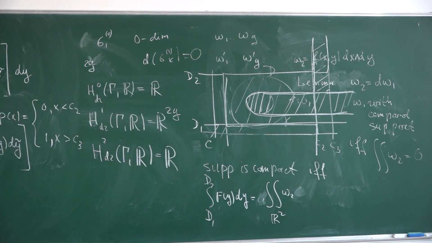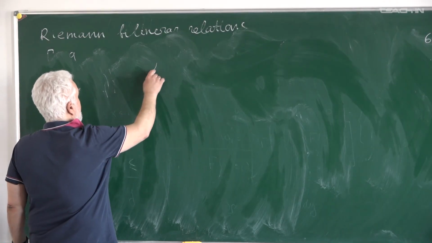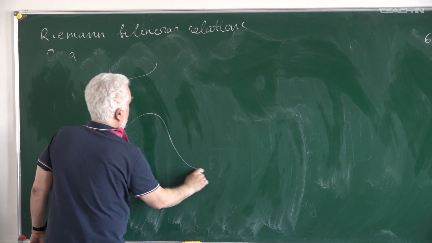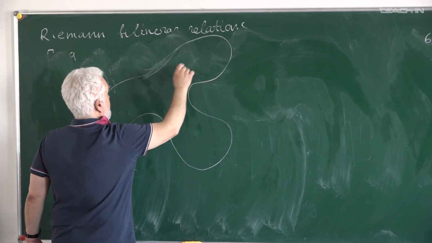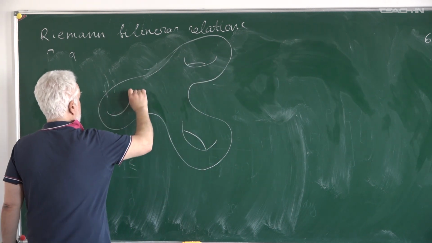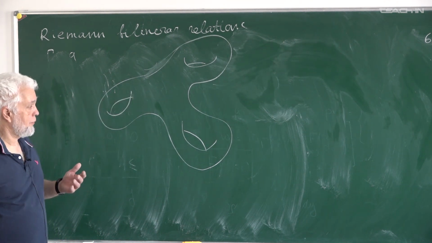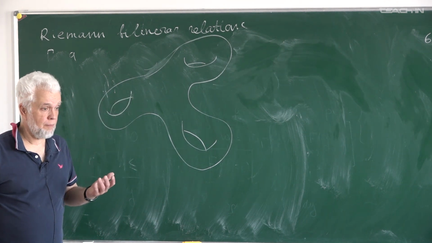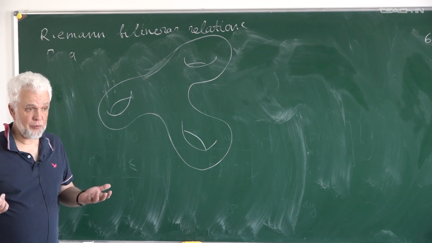Now, let me return to our Riemann surface. So, you see, we have a Riemann surface graph. First of all, we can represent any form as a sum of forms with compact support.